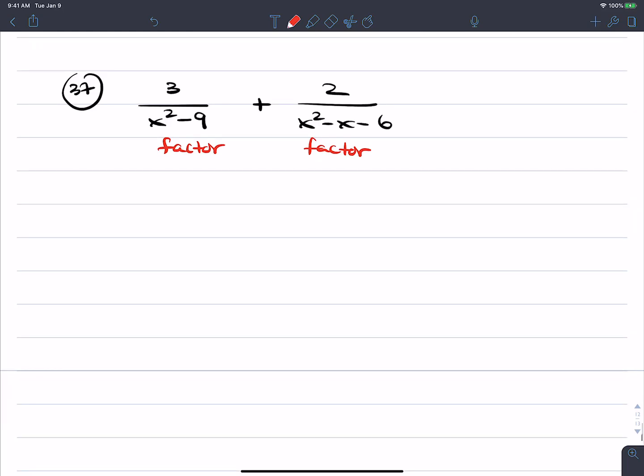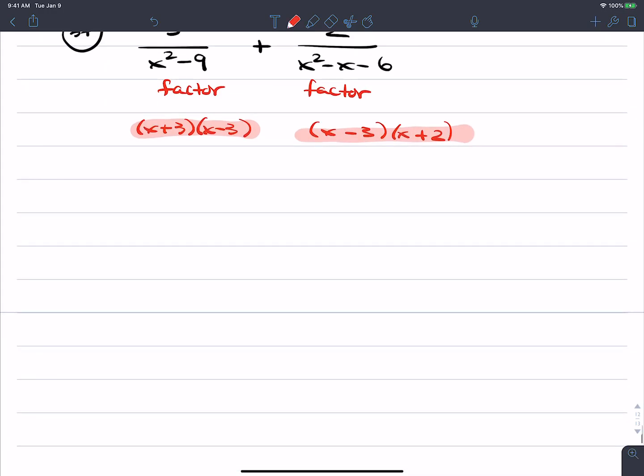Okay. We got the difference of perfect squares here: x plus 3 times x minus 3. We got a factor here and here. So we need the LCM now of my denominators.